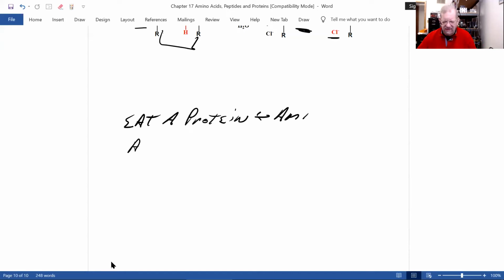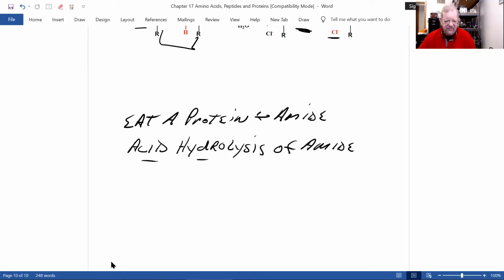And that's amide. And in your stomach is hydrochloric acid and water. So you have acid hydrolysis of what functional group? An amide. And the general reaction, I'll put it down, but you don't have to.